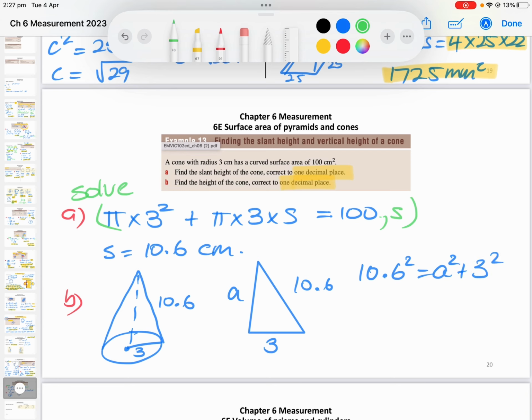And then I can get my CAS calculator out, solve this for A. We'll get two answers, one positive, one negative. This is a length, we only want the positive one, and we get A equals 10.2 centimetres.